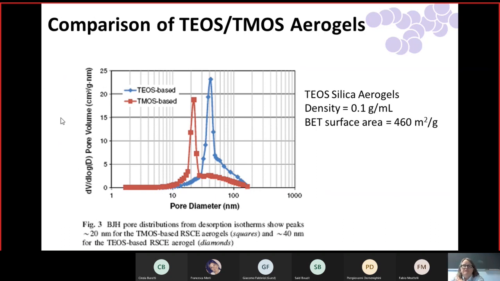And in red is the TMOS ones I've been showing you, peaking at about 20 nanometers. Well, the TEOS have a narrow band, but at a much higher average diameter, more like 40, which is going to affect their optical properties. And so we can use this sort of technique to compare those types of aerogels.